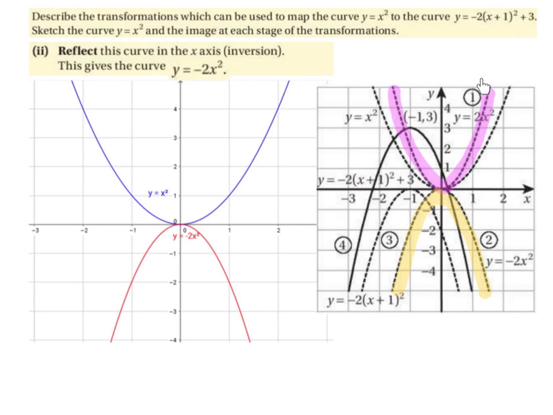It's the exact same curve as the one above, but it's been reflected in the x-axis. So this is the curve of y equals minus 2x squared. If we see, this is the original curve y equals x squared, and this curve has been stretched by a factor of 2 and reflected in the x-axis. So this is the curve of minus 2x squared.